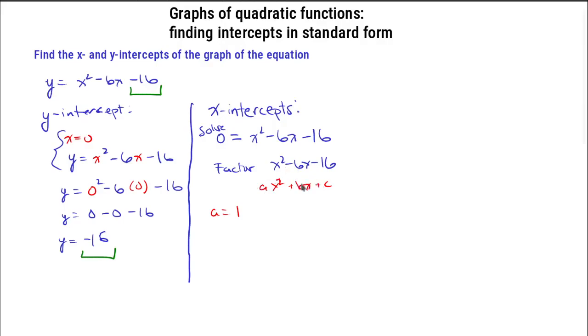Then b is going to be that minus 6 in the linear term, and c is negative 16. Now we can use our little diagram here to keep track of everything. We have minus 16 is c, negative 6 is b. We need two numbers that multiply to negative 16 and add up to negative 6.